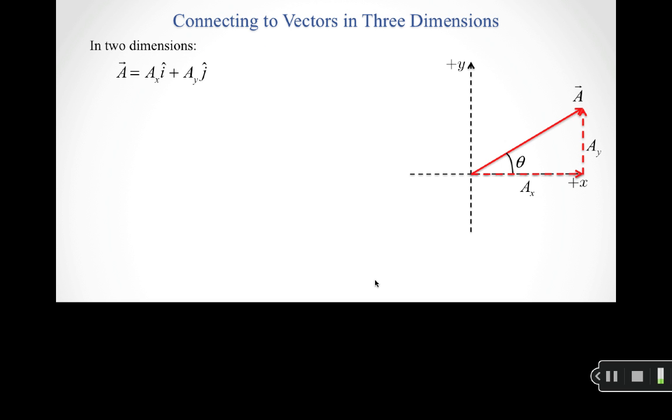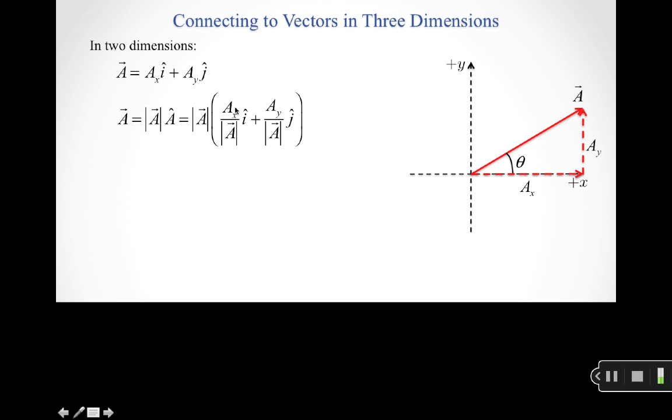Now, in 2 dimensions, and so here I've got a 2-dimensional vector A. It's got an x component and a y component. And what we're almost always able to do in 2 dimensions is define that vector based on some angle. And so if we take our vector A and rewrite it in that form that we've just seen, so magnitude of vector A times the unit vector that points in the same direction as vector A, so A hat.